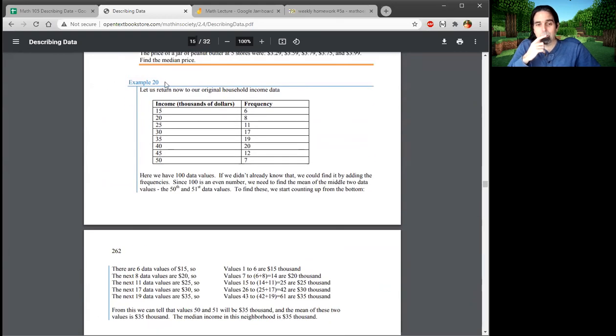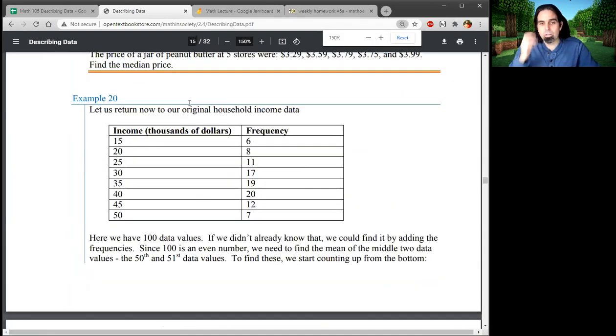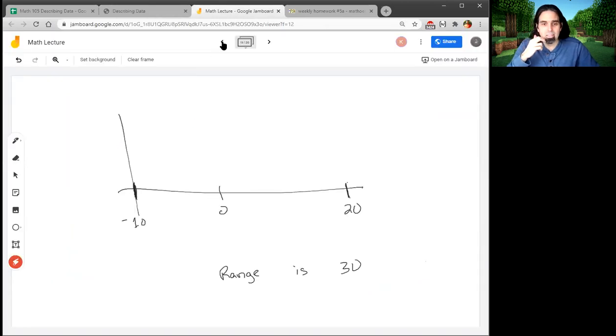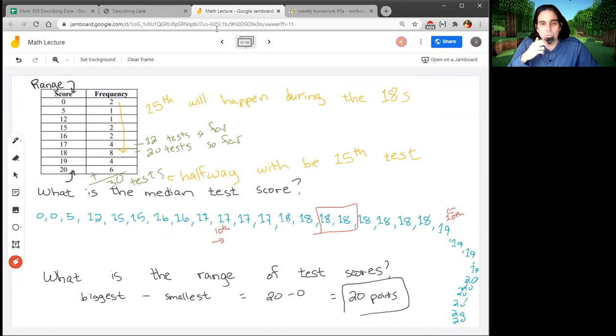We could just review. So here is their version of what we just did with the median.